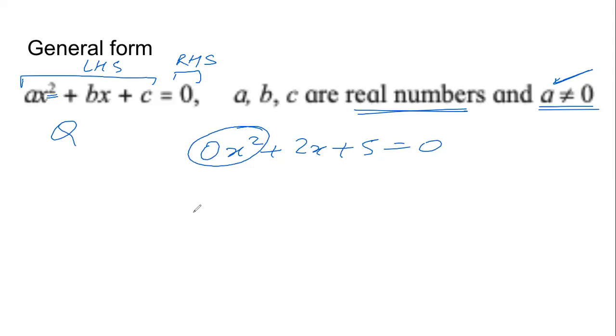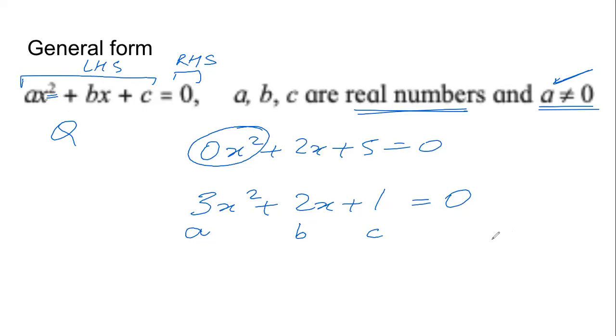One example of the general form of quadratic equation can be 3x square plus 2x plus 1 equals to 0. Here, our a is 3. The coefficient of x square is a. Our b is 2. The coefficient of x is b. And the coefficient of x to the power 0, or the constant of the equation, is 1.